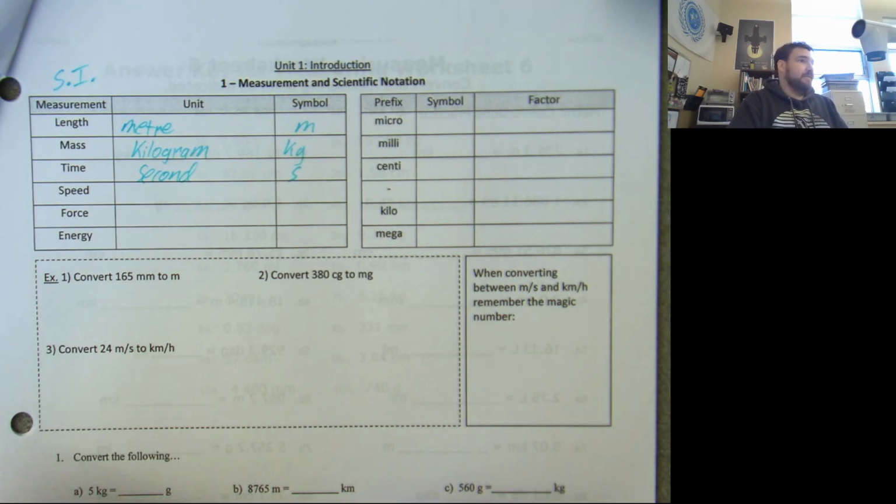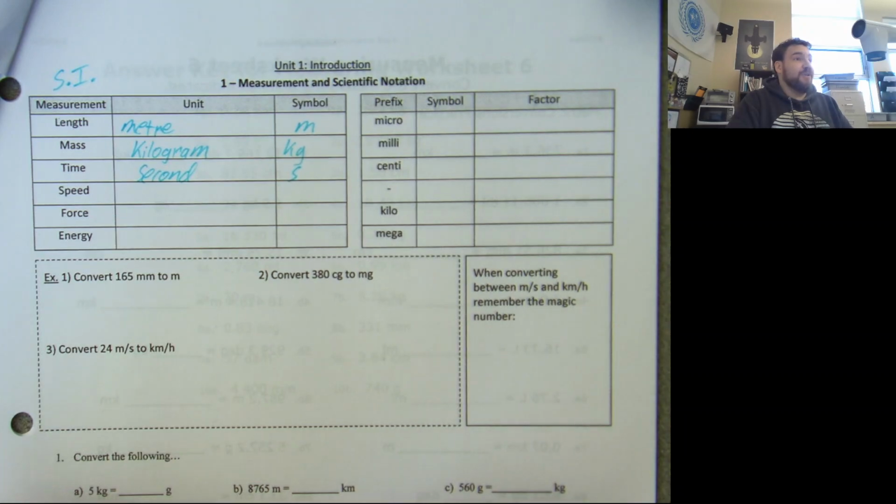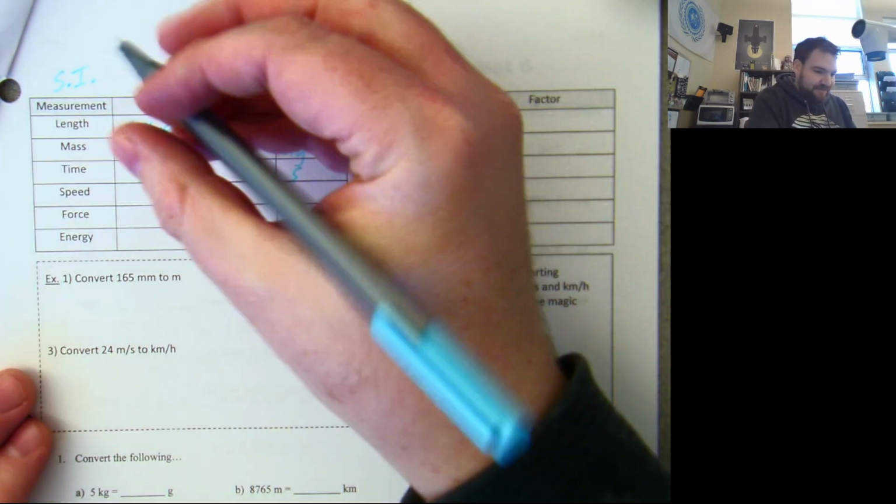Speed. Speed is one of these compound units. Kilometers per hour is what you guys are conventionally used to. It is not kilometers per hour. It is meters per second.